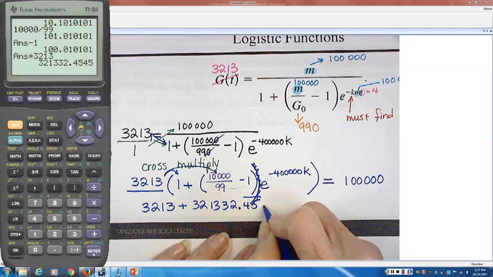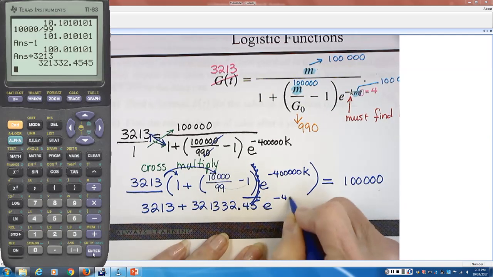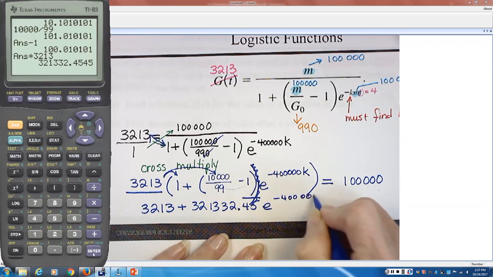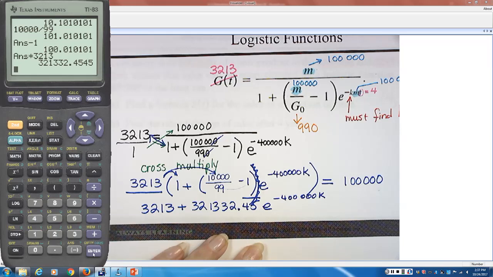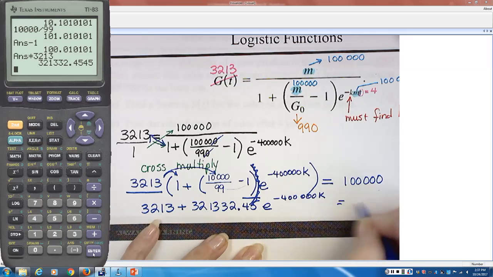And that's the coefficient of e to the negative 400,000 k. And that's all equal to 100,000.